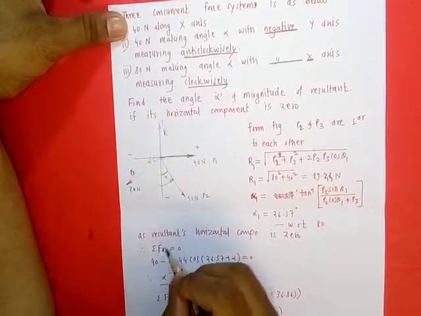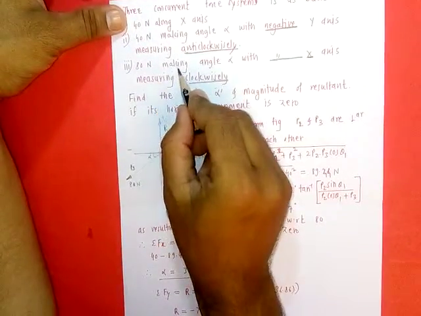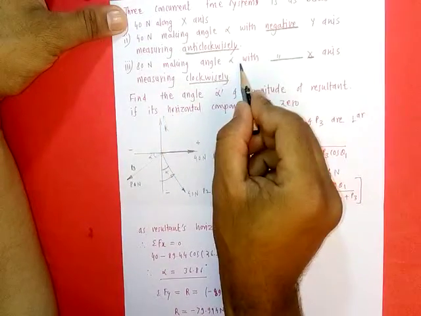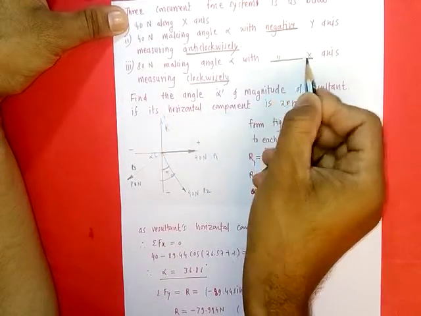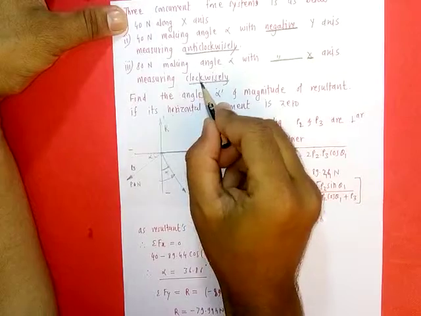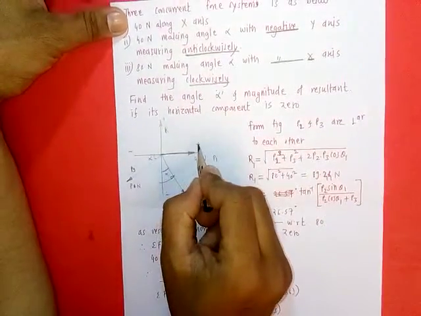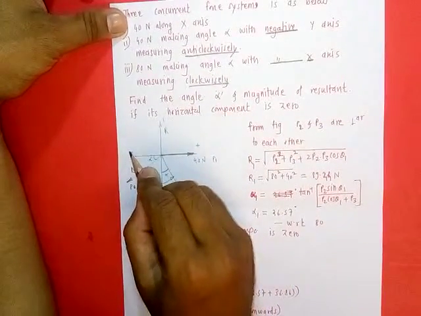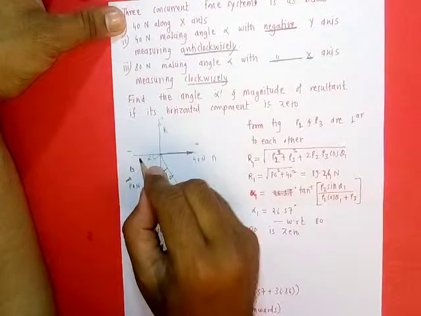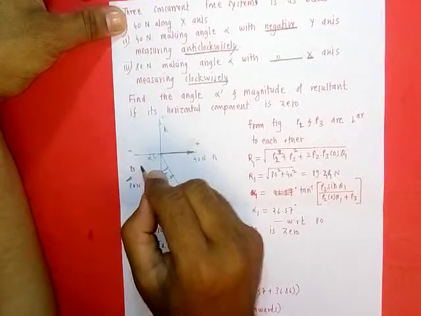Then next is 80 kN making angle alpha with again negative x-axis but measuring in clockwise. So this is positive x-axis, negative x-axis, and angle is measured clockwise.